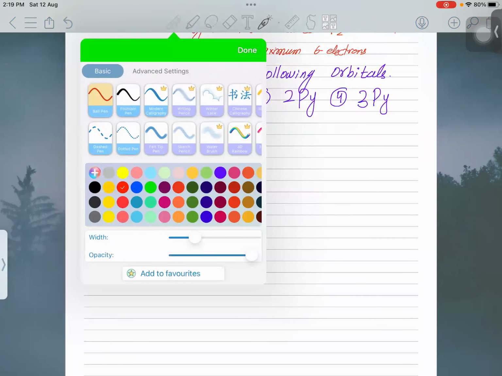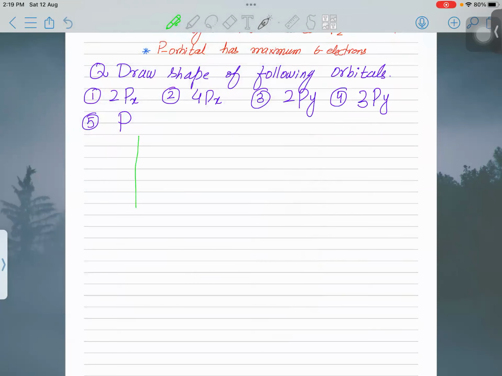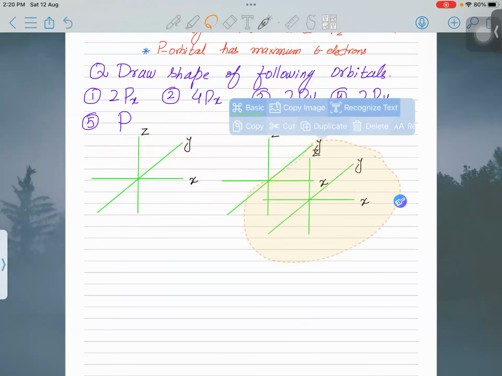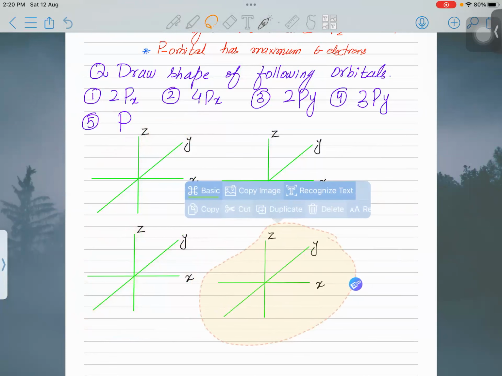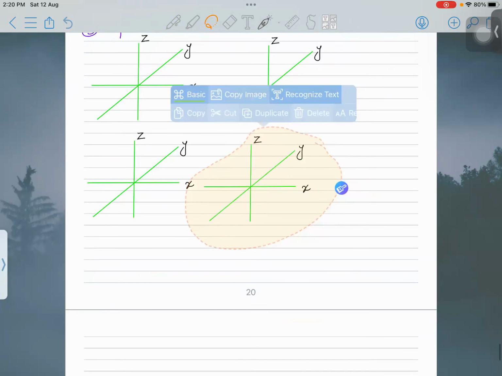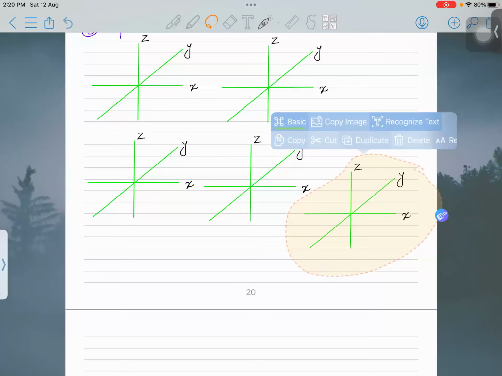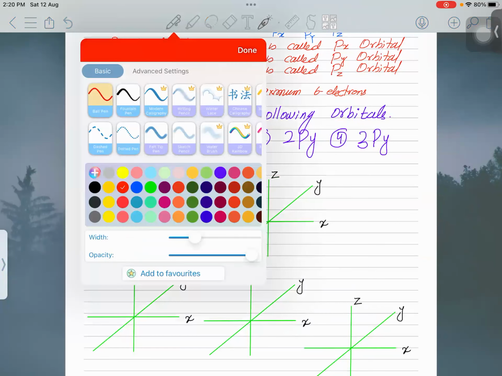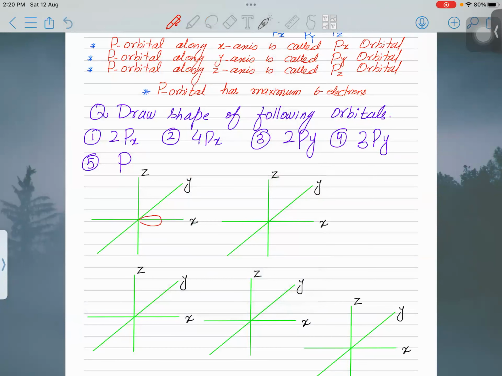Now first draw the axes. This is the x-axis, this is the y-axis, this is the z-axis. So we need 5. The first one is 2px.